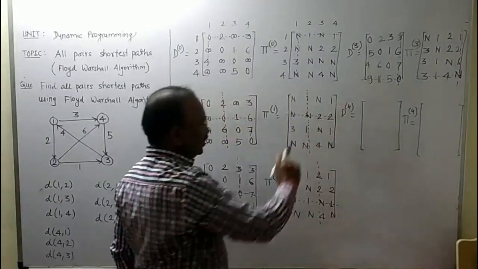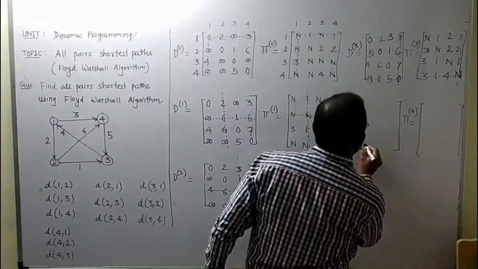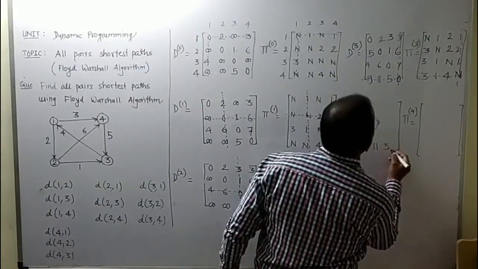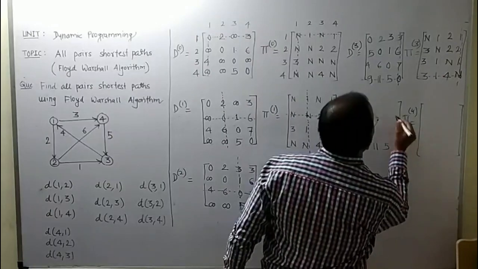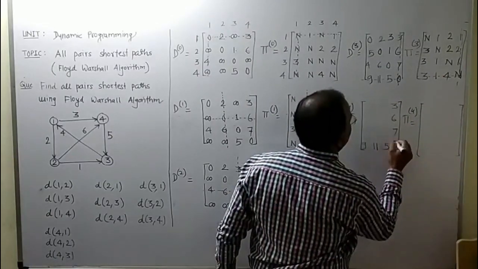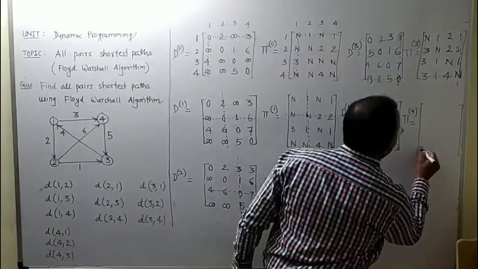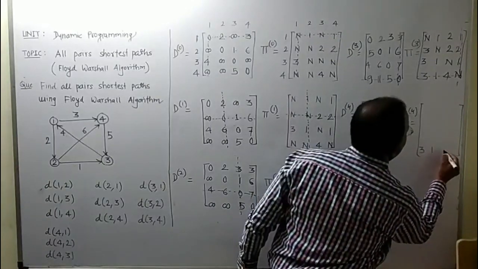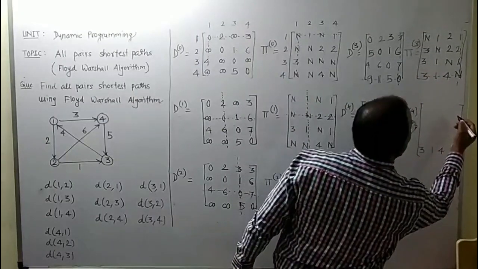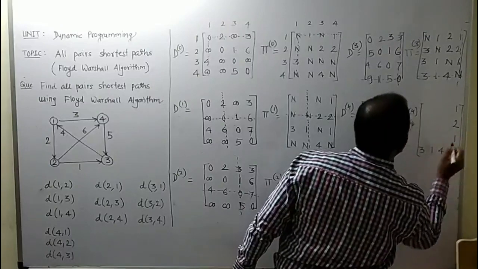Write this as it is in D4 and pi 4. That is 9, 11, 5, then 0, then 3, 6, 7 and 0. Similarly in pi 4, write the fourth row and the fourth column, which is 1, 2 and 1.